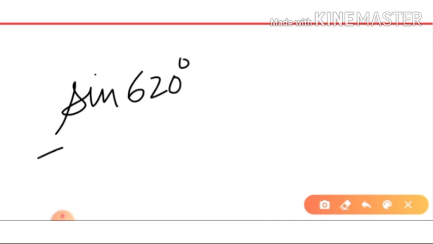Now what you have to do, at first you have to divide it by 90. So 90 how many times can we give? 9 7s are 63, 9 6s are 54, so 540 plus 60.